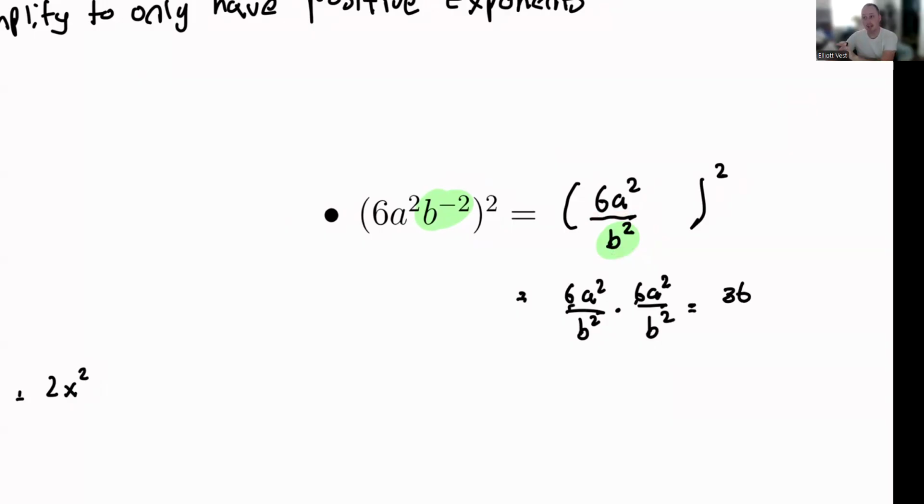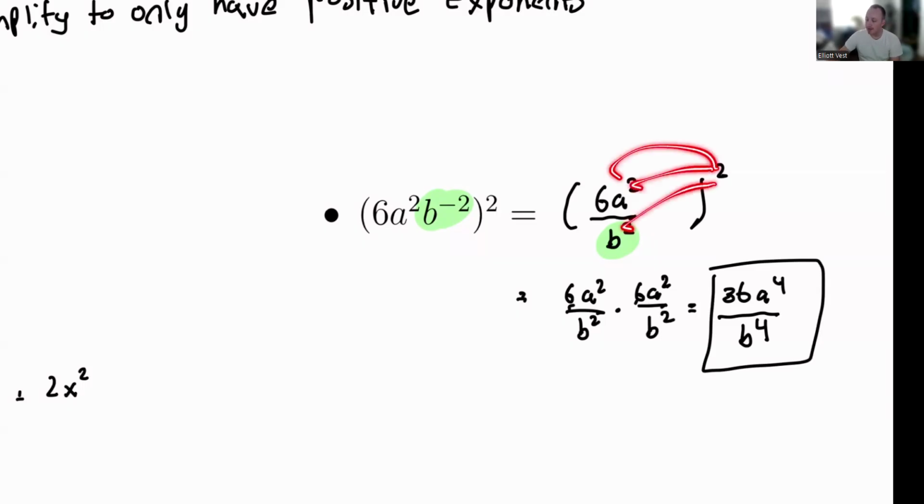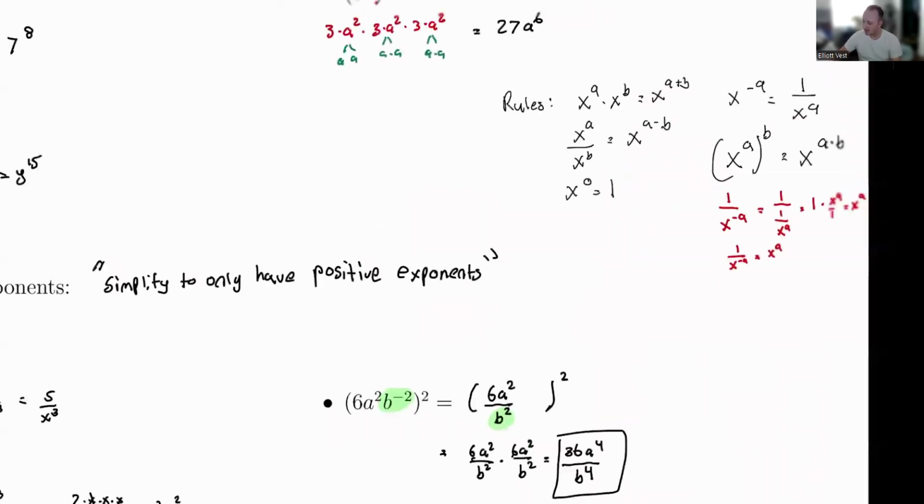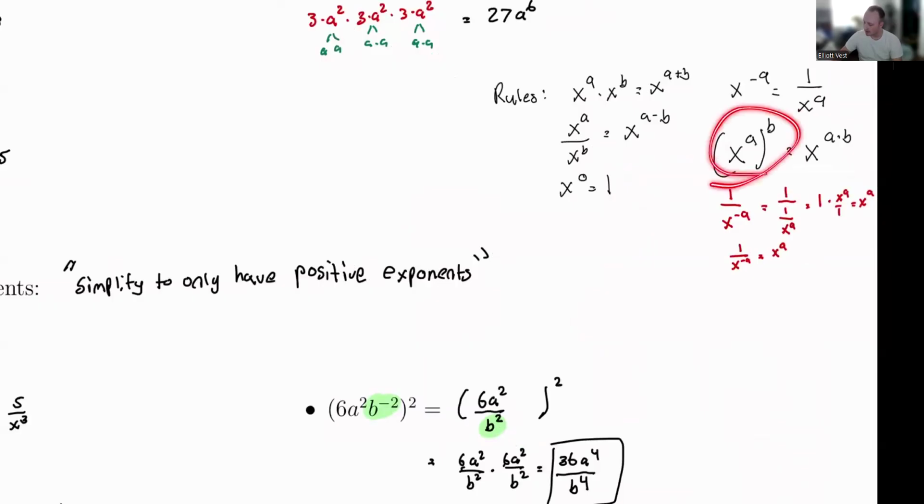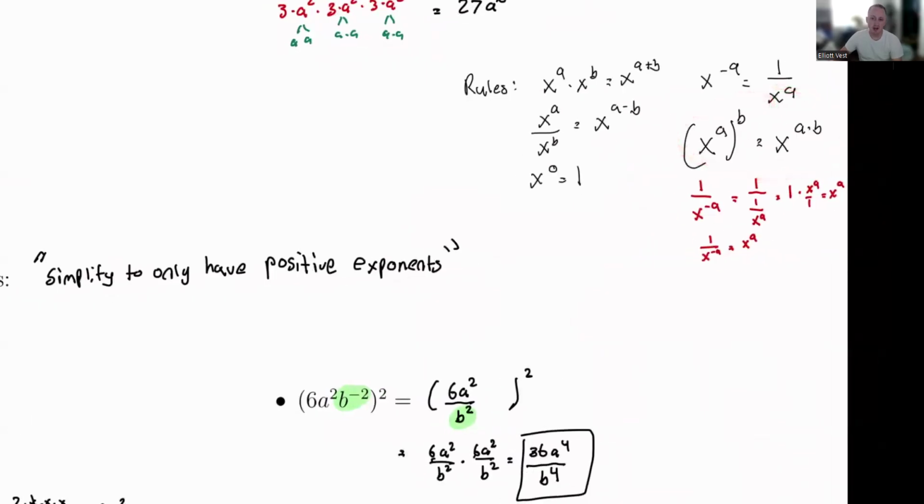A squared times a squared, writing it out, a times a times a times a, is a to the fourth. And similarly, b squared times b squared in the denominator, b to the fourth as well. If you can already see this by just squaring everything on the inside, you can do that too. You can utilize this rule here, but I like to write it out sometimes.